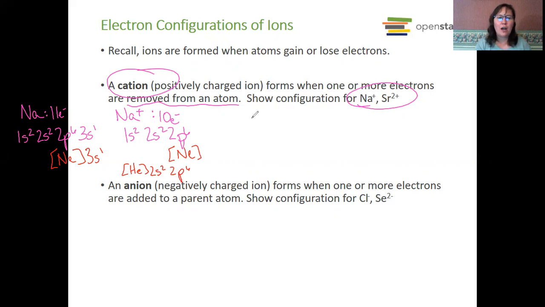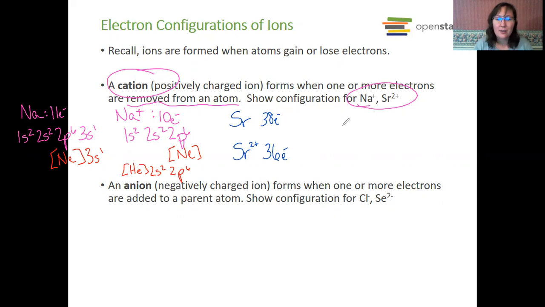Okay, now let's look at strontium 2 plus. So let's first look at strontium, Sr, and it's number 38. I want to say 38 electrons. Okay, and it's in row 5. Now we get to strontium 2 plus, we'll have 36 electrons, and strontium 2 plus will look exactly like krypton.